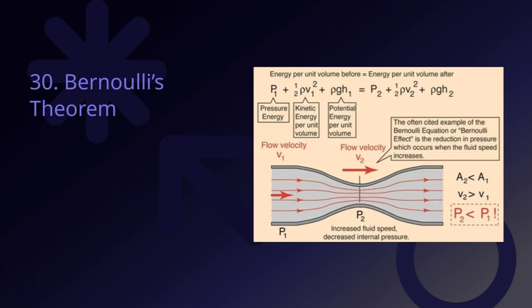This inverse relationship between speed and pressure is what allows us to understand many everyday phenomena, like how airplanes generate lift or how a Venturi tube works. It's a key concept because it connects the behavior of fluids with energy conservation principles. When we think about the overall theme of fluid mechanics, Bernoulli's theorem helps us see how energy transforms within a flowing fluid, providing insight into both natural and engineered systems.